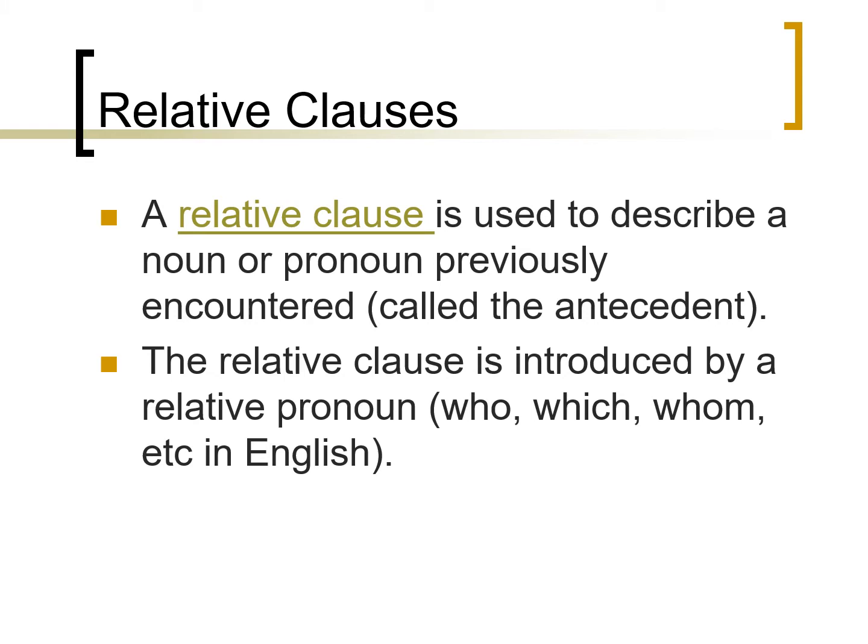Relative clauses. Before you watch this video, make sure you watch the video linked on the blog that gives you a lot of information about relative clauses in general and especially in English. The relative clause is used to describe a noun that was previously stated in a sentence, so it relates back to that noun.